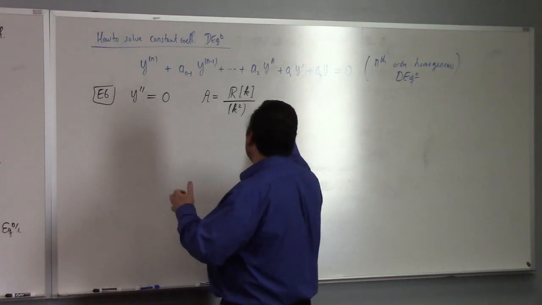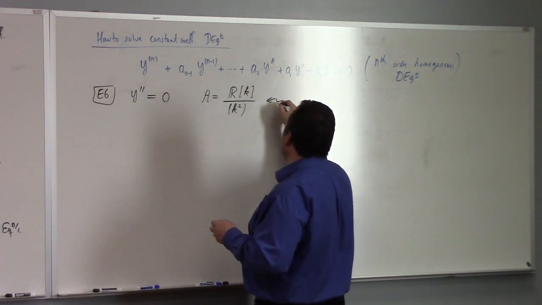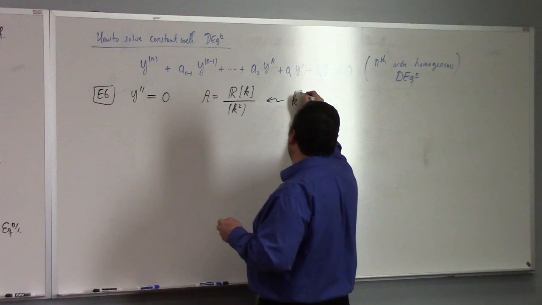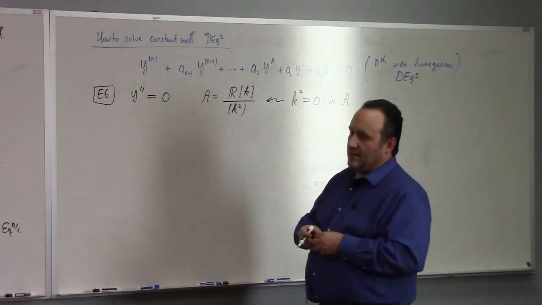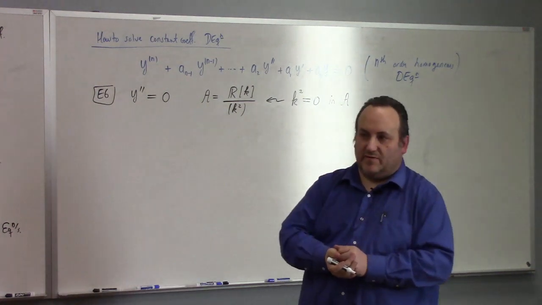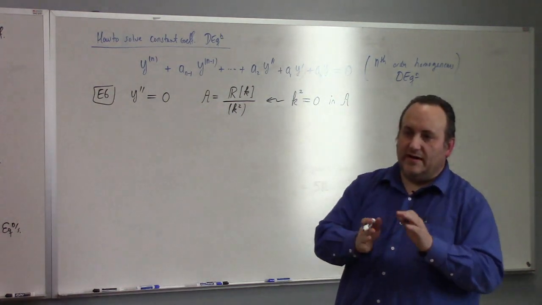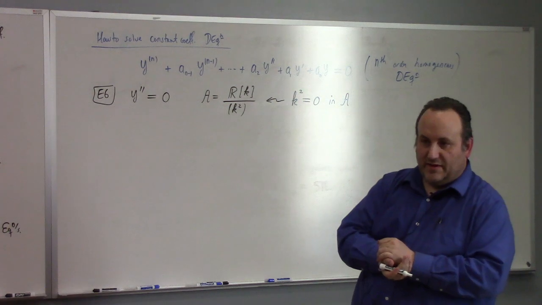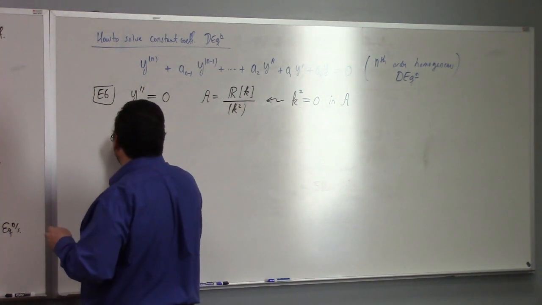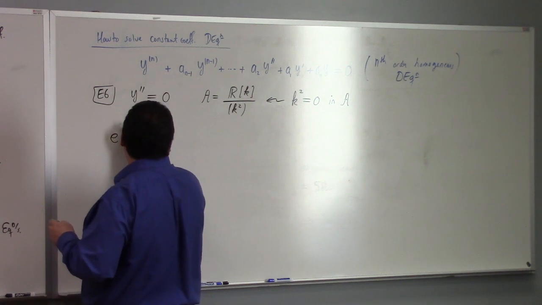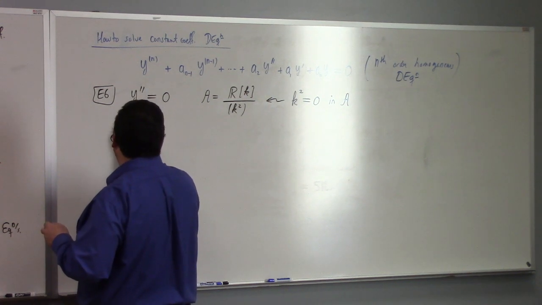And so what this means is that k squared is equal to 0 in this algebra. This algebra makes k squared be 0. It turns out in any algebra you can write down an exponential in the algebra like this. So what I do is I take an exponential in t times k.